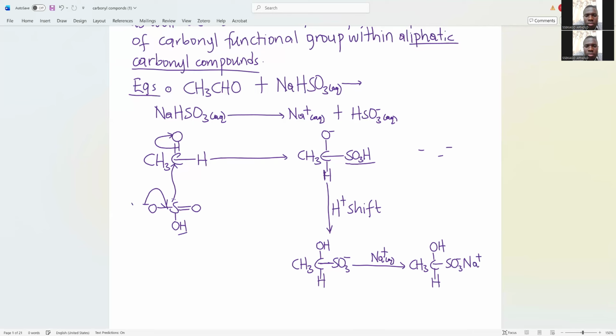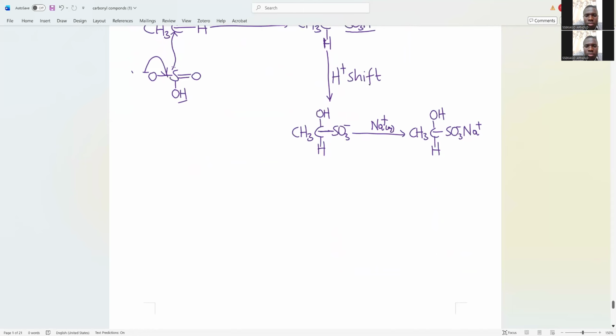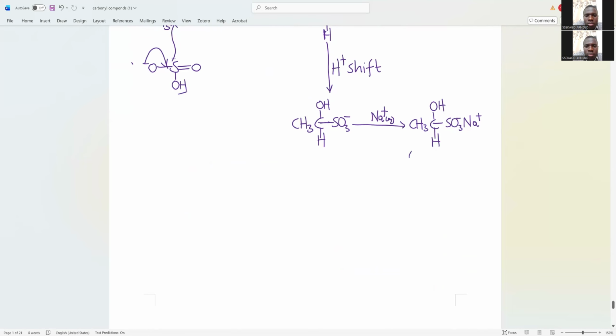So that is the white precipitate, which is CH3, C, OH, H, SO3 Na, and what's its name? It is coming from ethanal. So this is ethanal sodium hydrogen sulfite. The name is ethanal sodium hydrogen sulfite.